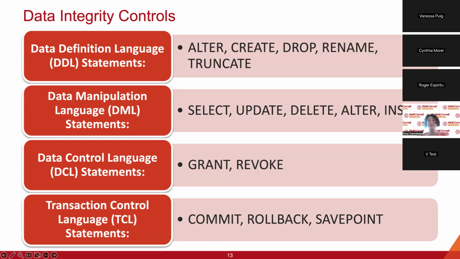We select data from the tables, we update this data again and insert or delete. The data control language helps us to control who has access to this table and either grant more access or revoke, depending on what we want other users to do with our data. And one of the more important, the transaction control language, that's the beauty of the SQL that allows you to modify your data in batches.